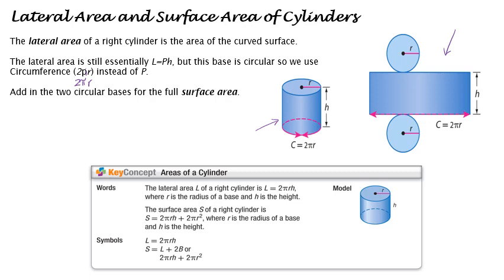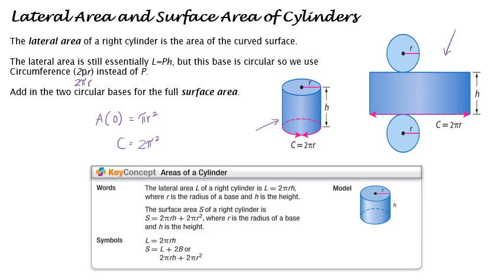So for our surface area then, we'll just throw in the area of our two circular bases. So the area of our circles, remember, I think it's a little bit easy to get these two mixed up. The area of our circle is going to be given by pi r squared, as opposed to 2 pi r, which is the circumference. So those are both involved in the surface area formula.